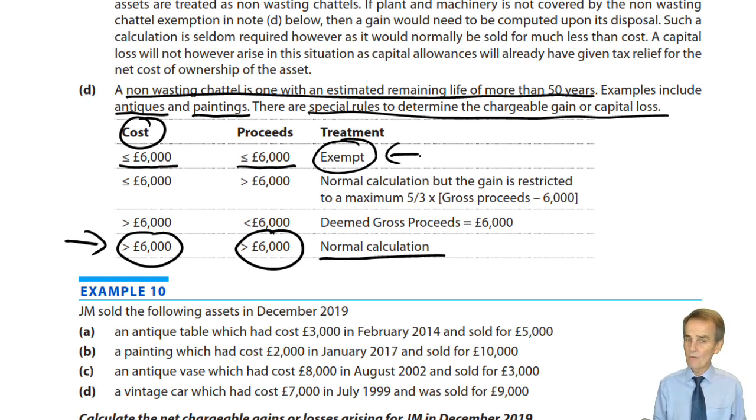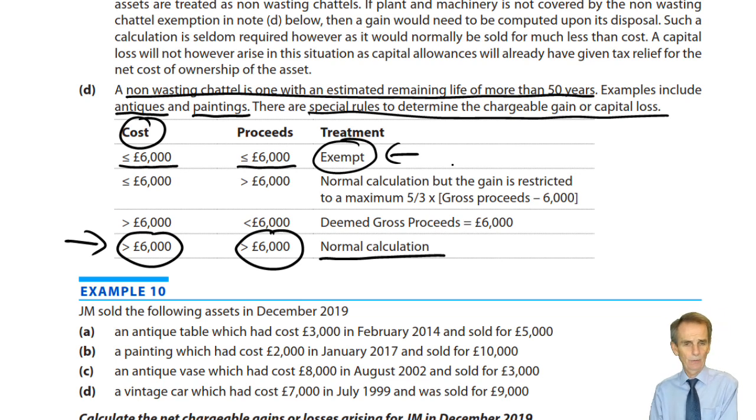So there are two very straightforward situations. You buy for 2,000, you sell for 5,000. Both the 2 and the 5, respectively, do not exceed £6,000. If it is a chattel, a painting, an item of furniture, an item of jewellery, then that is exempt. No calculations, it's exempt.